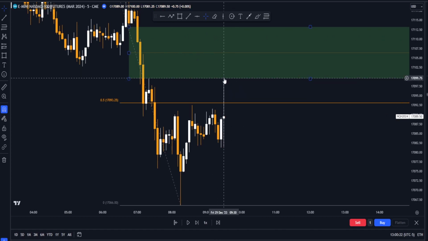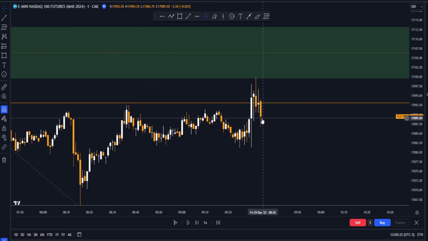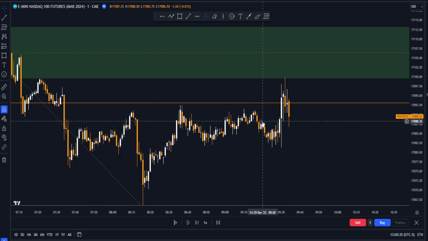So this 5-minute candle touched this high and touched the fair value gap. Let's go to the 1-minute chart. Now I'm looking for a fair value gap or inverse fair value gap.